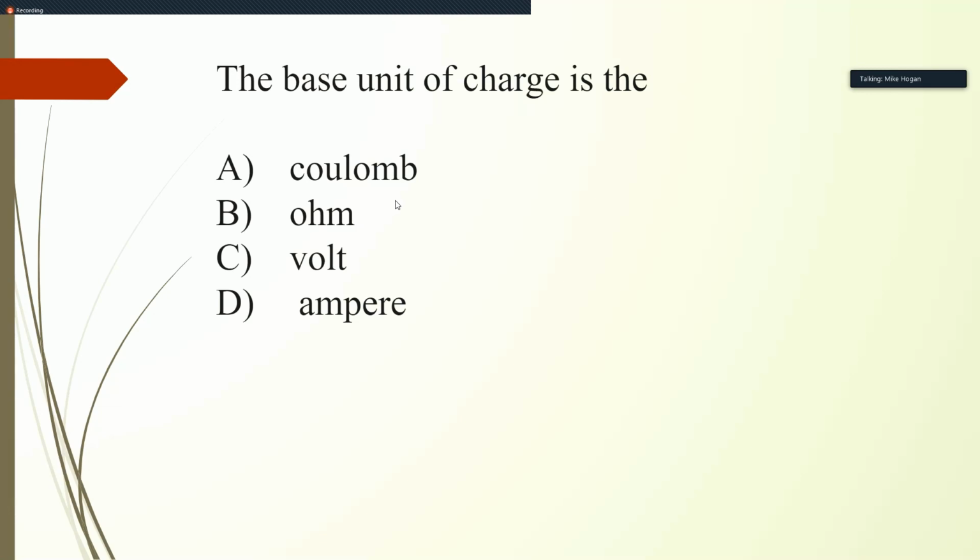And so this term that we don't use a lot, this coulomb, is what we're talking about in terms of our base unit of charge. It's an amount of charge. It's an amount of electrons, if you will, a certain amount of electrons. And so that's a base unit of charge is the coulomb.